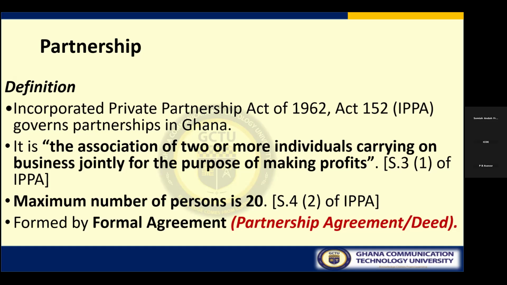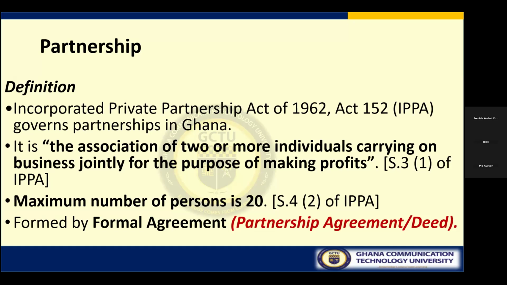This Act says that a partnership is the association of two or more individuals carrying on business jointly for the purpose of making profit. And this can be seen under Section 3, Subsection 1 of the IPPA, that is the Incorporated Private Partnership Act.